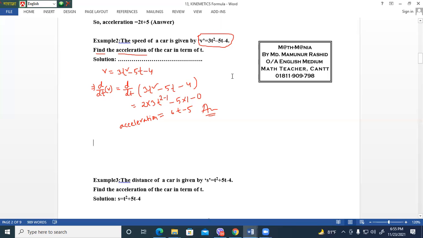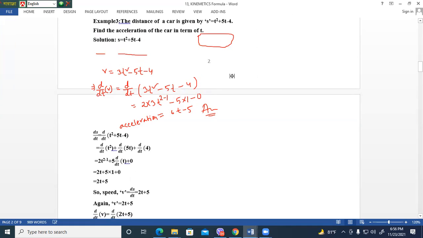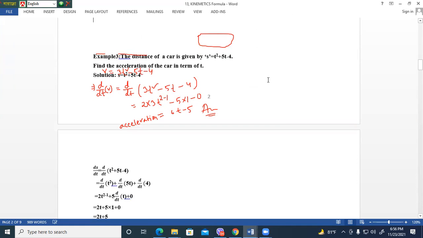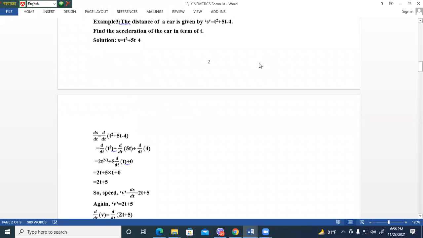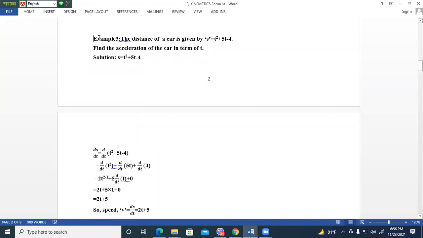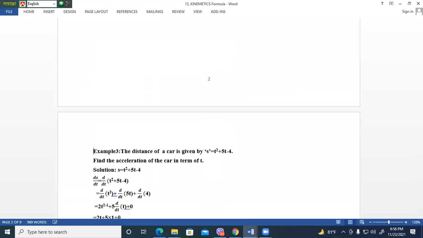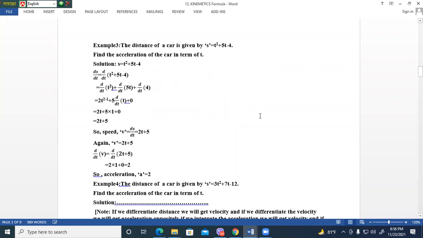Check. Let's go. Here also the distance is given. We have to find the acceleration. Example 3 is a bit different. So 2 steps you have to go. Let's see example 3. We'll practice example 4 ourselves. The distance is given.